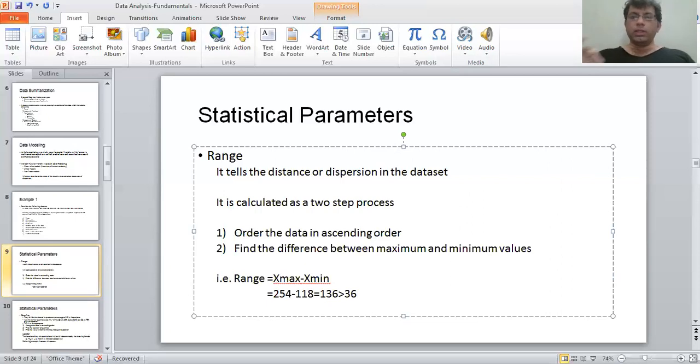So range basically tells us the extent of dispersion present in the dataset. By distance in the dataset, we mean how much the values are different from each other. The more the values are different from each other, the more the dispersion present, the more the randomization present, and the more the range or the distance.